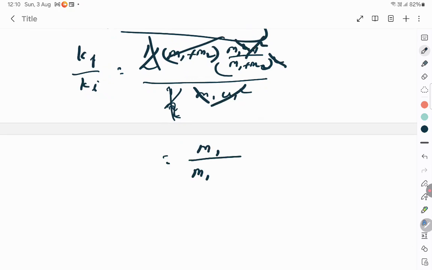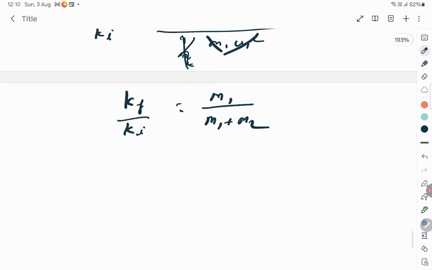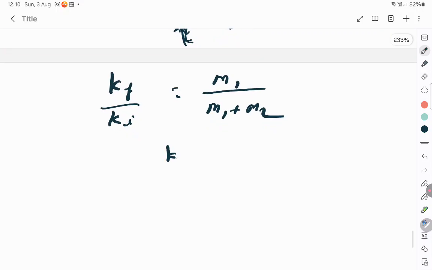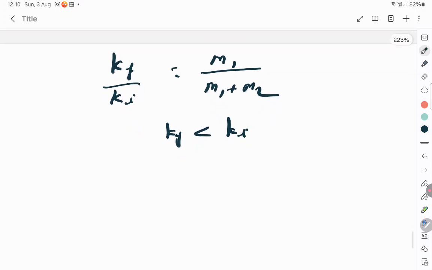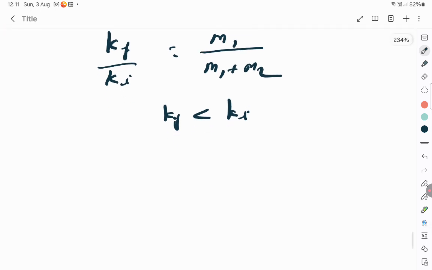You simply get m1 by m1 plus m2 as the ratio of K final by K initial. Since the denominator is always greater than the numerator, K final is always lesser than K initial in the cases that we have studied, because we are already considering a moving body which loses its energy and slows down.